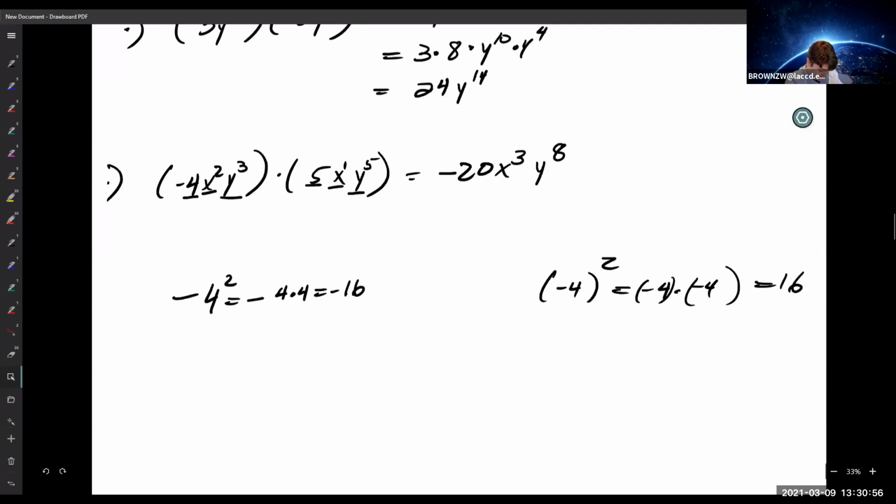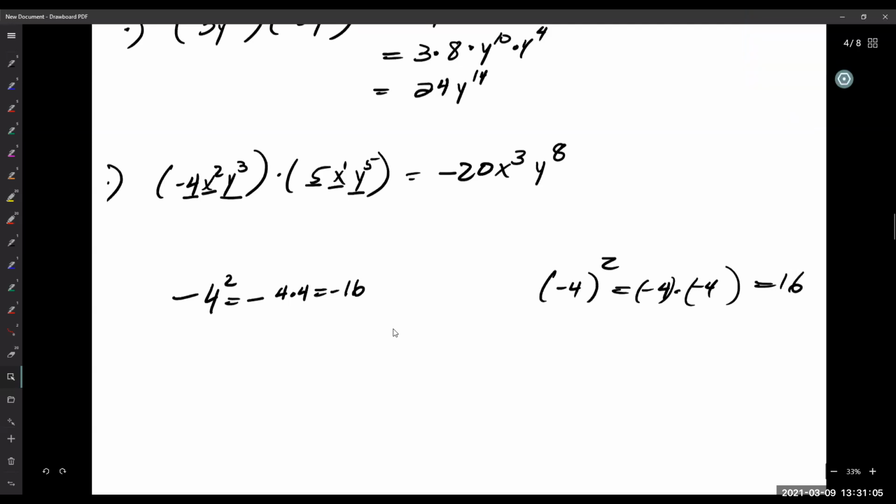All right then. Any questions on that? So for the one on the left, with regards to the first -4 to the second power, the second power only applies to the number 4, not the negative sign? So the thing is that if I wanted to apply it to the negative, I have to put that in parentheses.